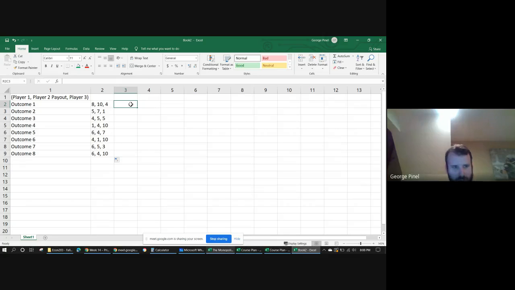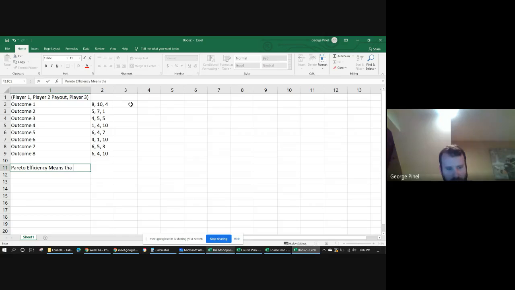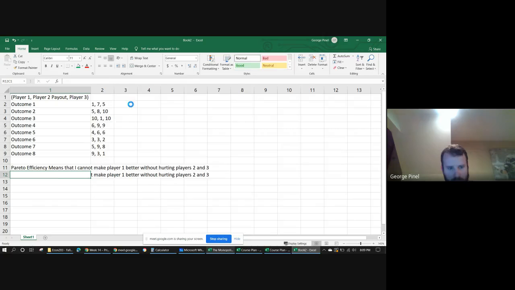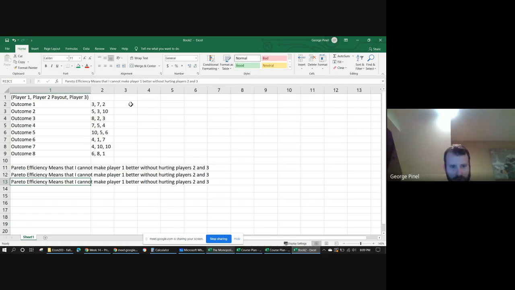Just to make sure we're on the same page, Pareto efficiency means that I cannot make player 1 better without hurting players 2 and 3.